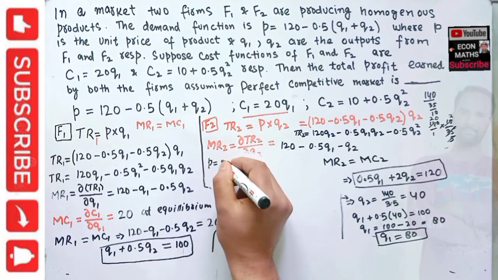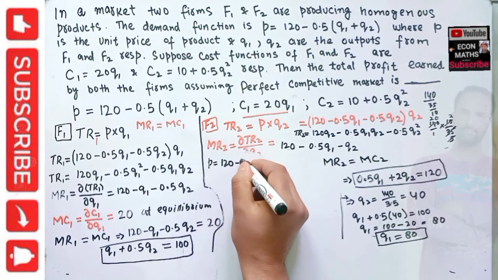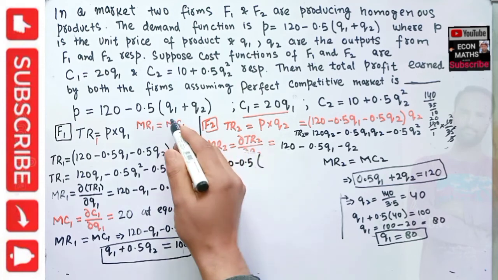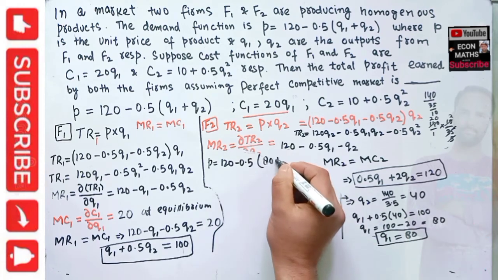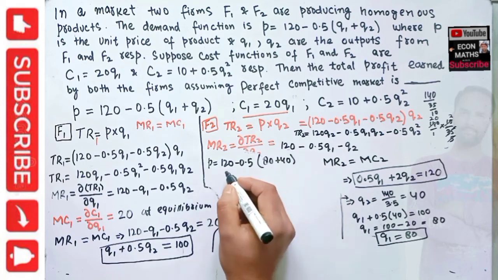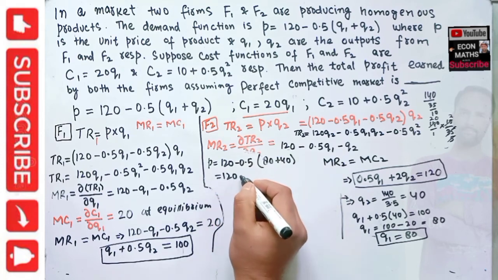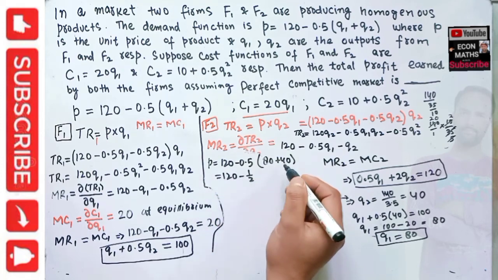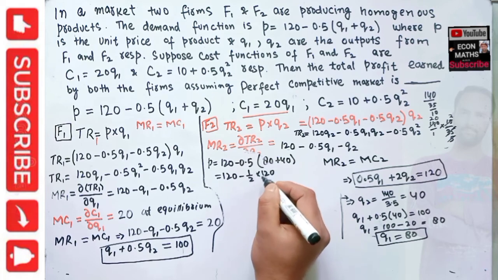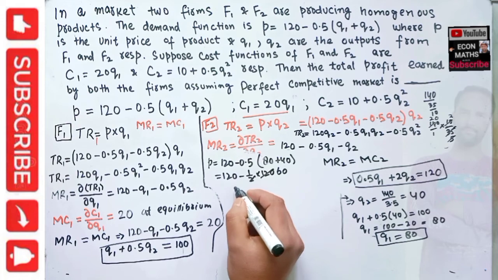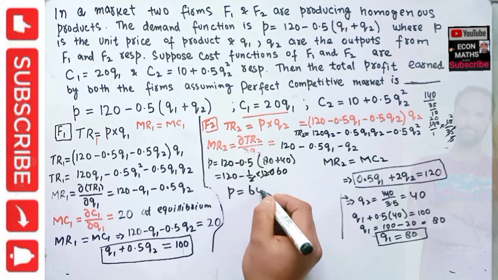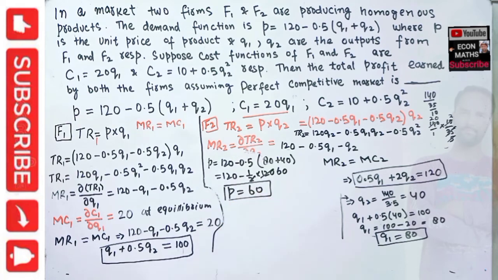That gives us P is equal to 120 minus 0.5 times Q1 plus Q2, which is 80 plus 40. So this is 120 minus one half of 120, so 120 minus 60 comes out to be 60. That means the price will be 60.